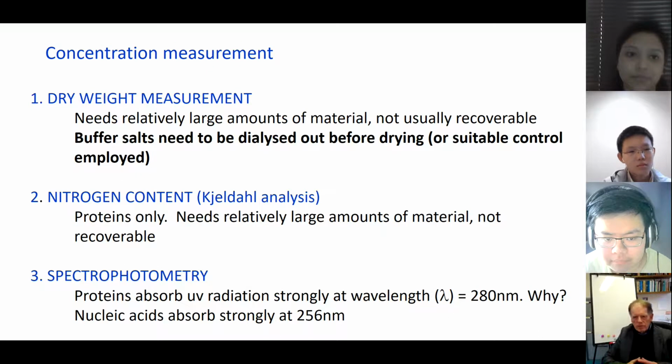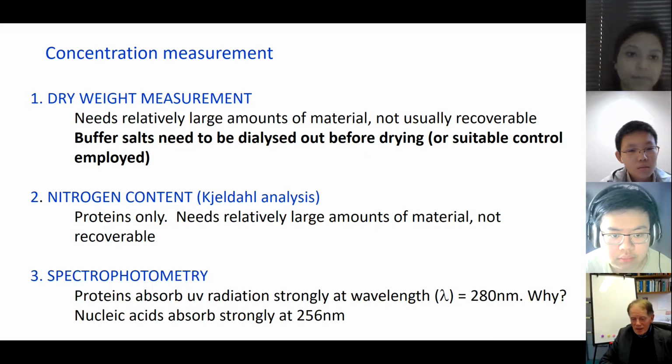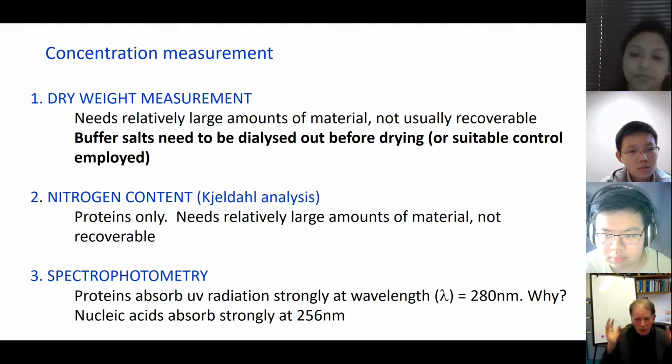So let's say we have our molecules dissolved in solution. How do we measure the concentration? Because concentration is a very important parameter, as we'll see later on in the course. Well, the simplest way in concept anyway to measure concentration is dry weight measurement.